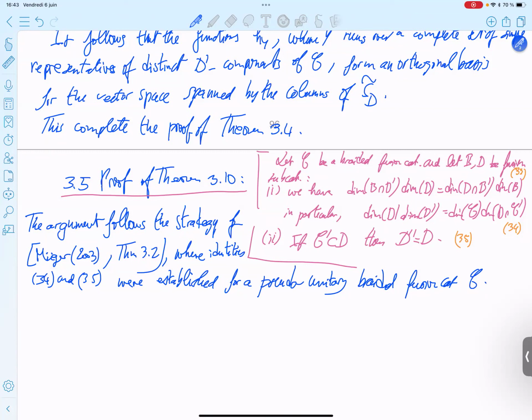So, pseudo-unitary. Okay. So we will apply equations 30 and 31 in our setting. We apply equations 30 and 31 to compute what?